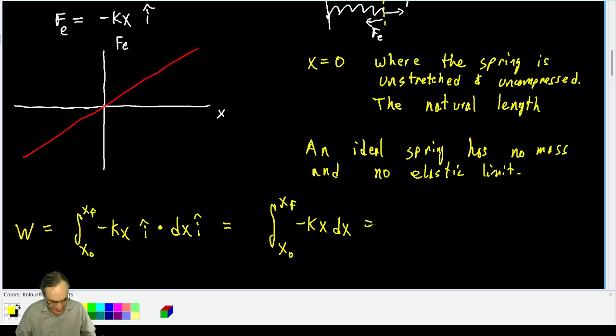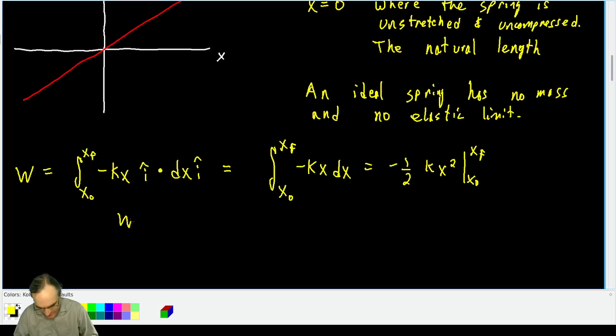The minus k can come out in front. We have an integral of x dx that's going to become x squared over 2. So we have 1/2 kx squared evaluated between x naught and xf. Oops, I forgot my minus sign. There it is. Minus 1/2 kx squared, limits x naught to xf, which means the work in stretching a spring is minus k over 2 times x final squared minus x initial squared.